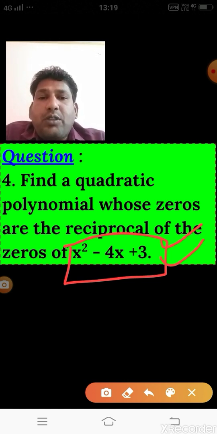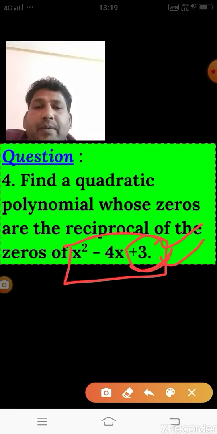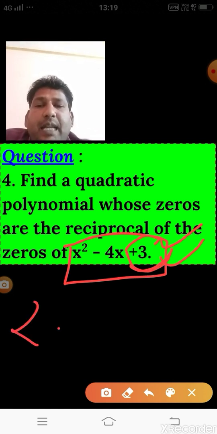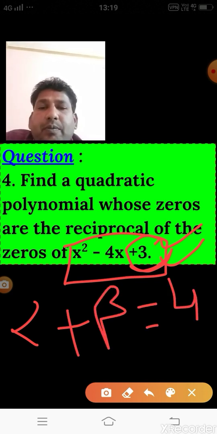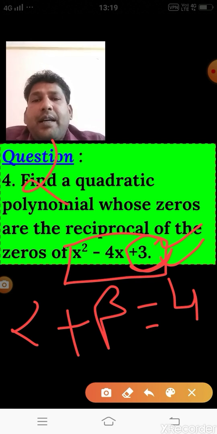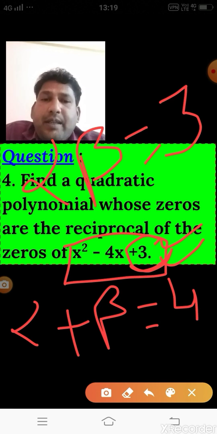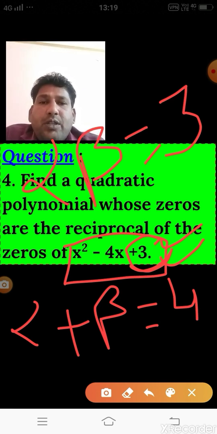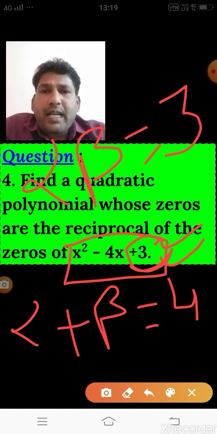The product of zeros, alpha into beta, is the constant term upon the coefficient of x square, which is 3 upon 1, that is 3. So alpha plus beta is 4 and alpha into beta is 3. These are 1 mark questions: if the quadratic polynomial is given and we have to write the sum and product of zeros, we can find them orally.